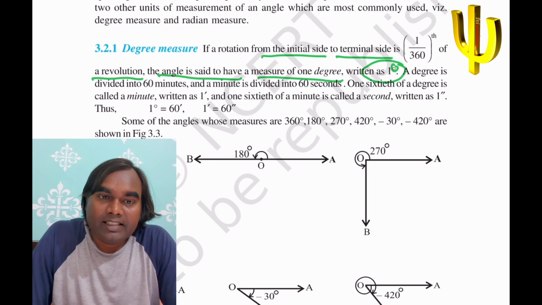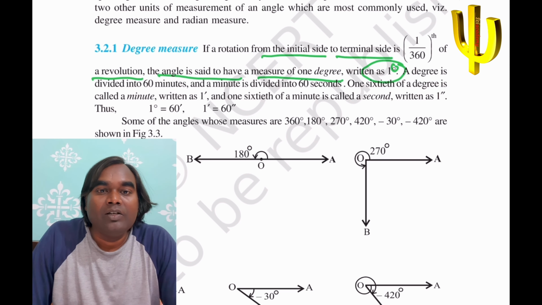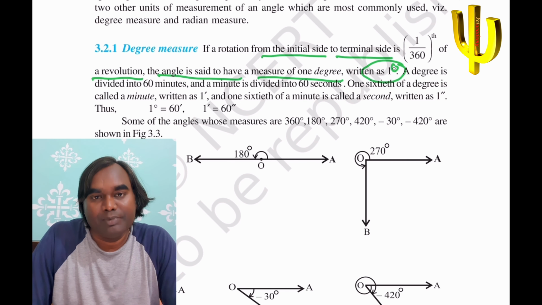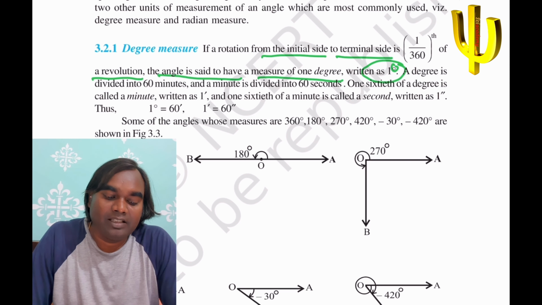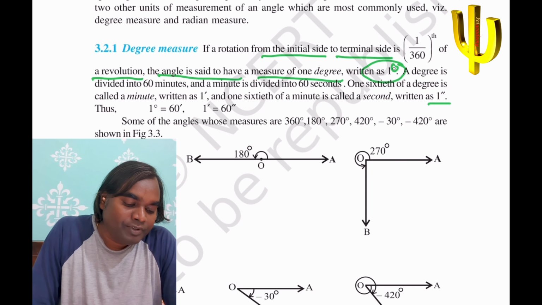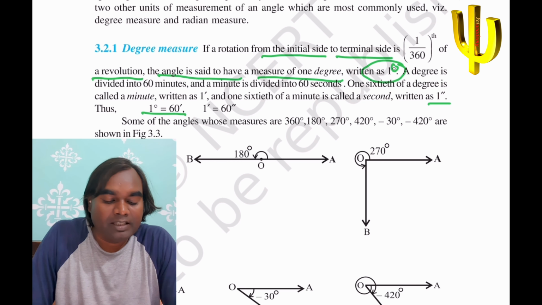A degree is divided into 60 minutes, and each minute is divided into 60 seconds. 1/60th of a degree is called a minute, and 1/60th of a minute is called a second, written as 1 double dash. Therefore, 1 degree is equal to 60 minutes and 1 minute is equal to 60 seconds.